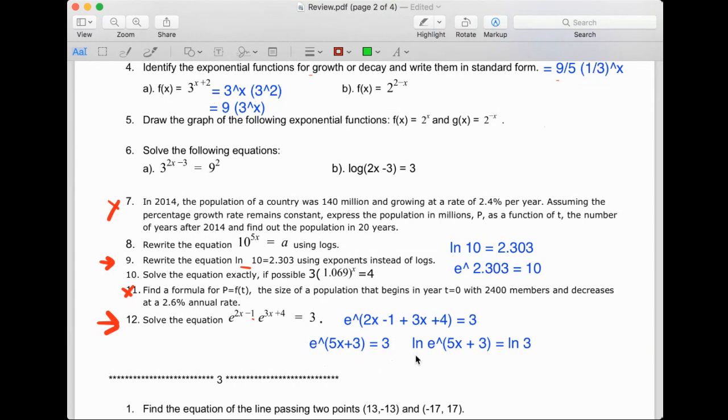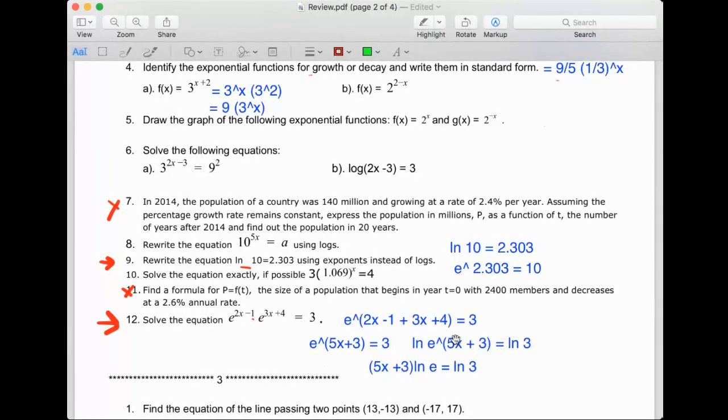So now, because the 5x plus 3 inside the log is the exponent of e, we can move the 5x plus 3 up front of ln. That equals ln 3.